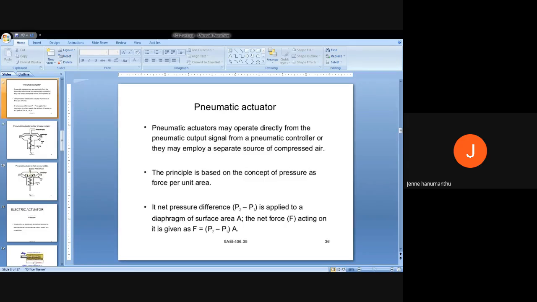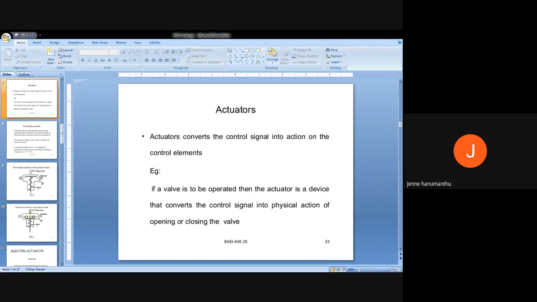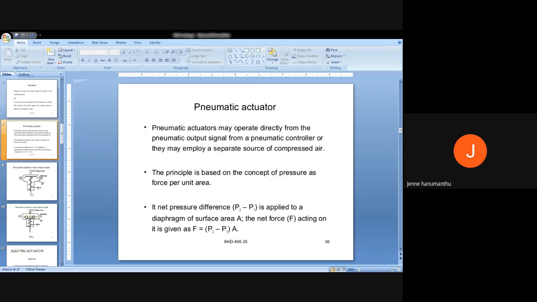pneumatic actuators. So what is a pneumatic actuator? Pneumatic actuators may operate directly from the pneumatic output signal from a pneumatic controller, or they may employ a separate source of compressed air. Generally, where should we provide the actuator?